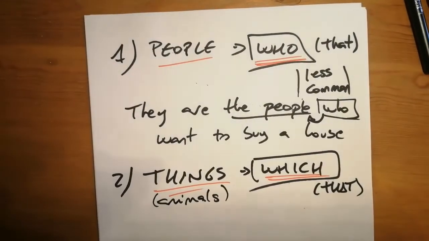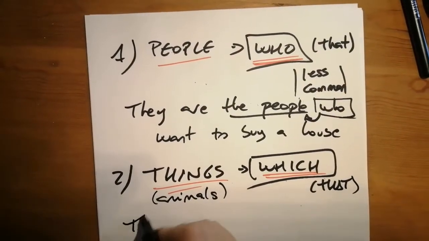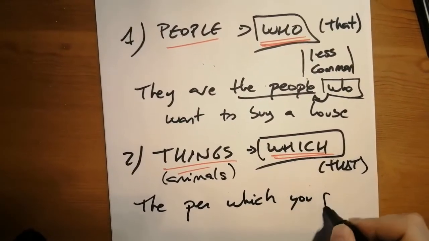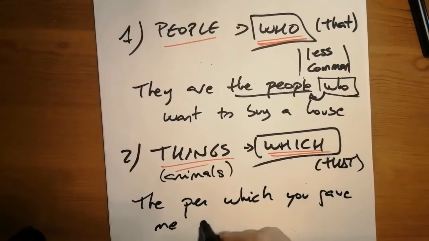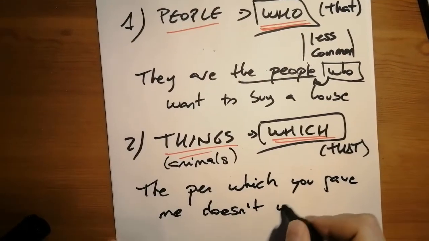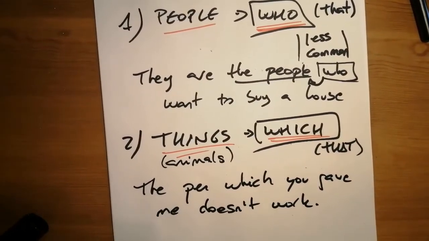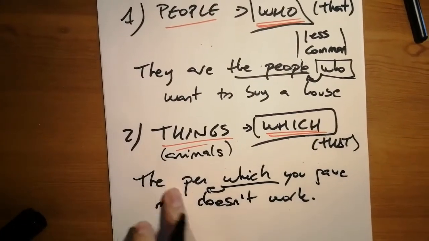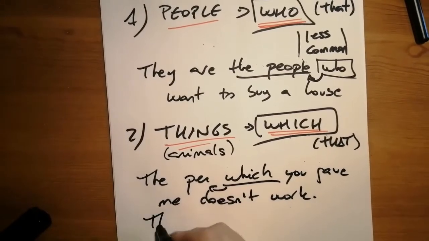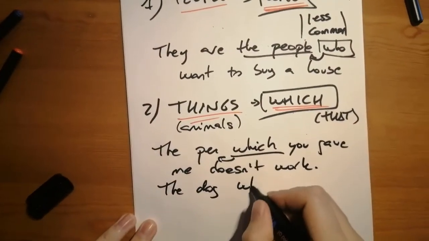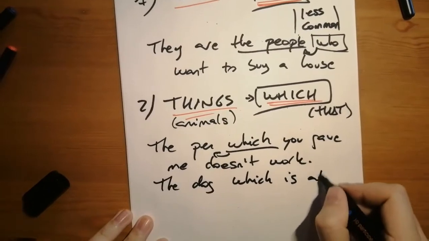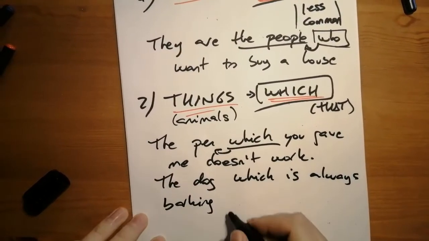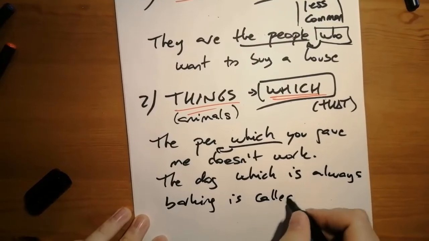For example, the pen which you gave me doesn't work. El bolígrafo que me diste no funciona. So the pen followed by which. Or the dog which is always barking, el perro que está siempre ladrando, is called Bobby, se llama Bobby.